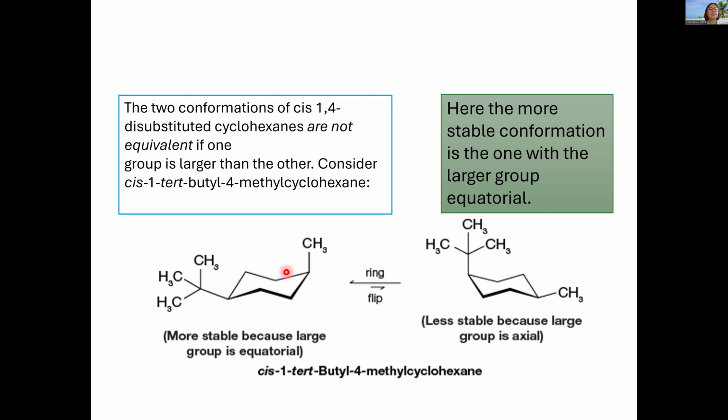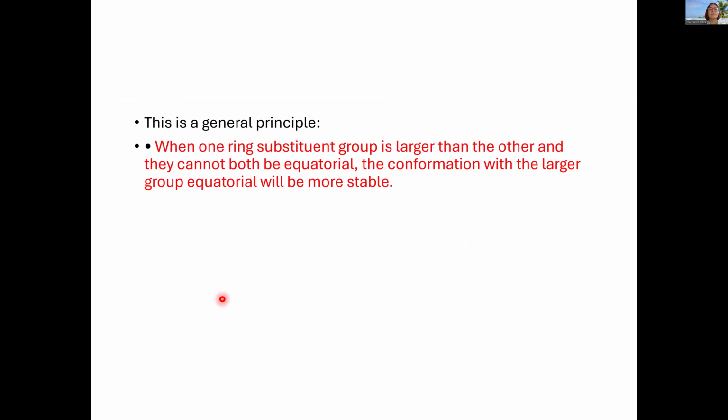And because of that, there is more stabilization brought by the equatorial position of the tert-butyl group. So most of the time, the conformer will be the first structure that this tert-butyl methylcyclohexane will assume.